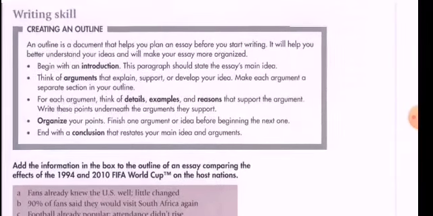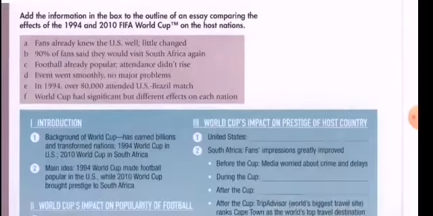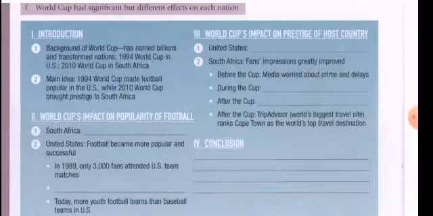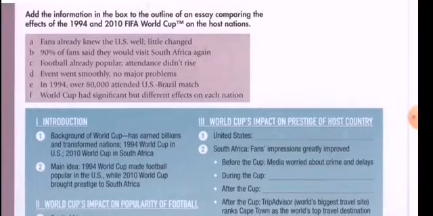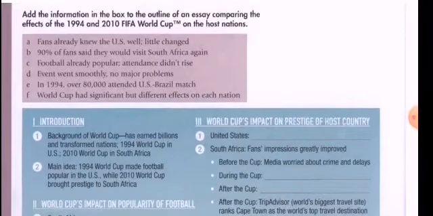How to write an outline? First begin with an introduction. Here you can see the introduction. The outline has an introduction too. Here you're asked to add the information in the box to the outline of an essay comparing the effects of the 1994 and 2010 FIFA World Cup.